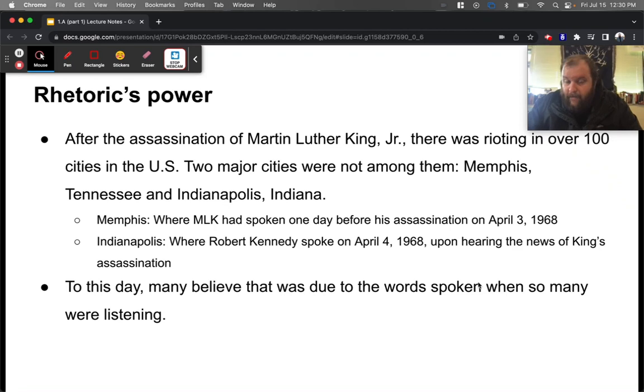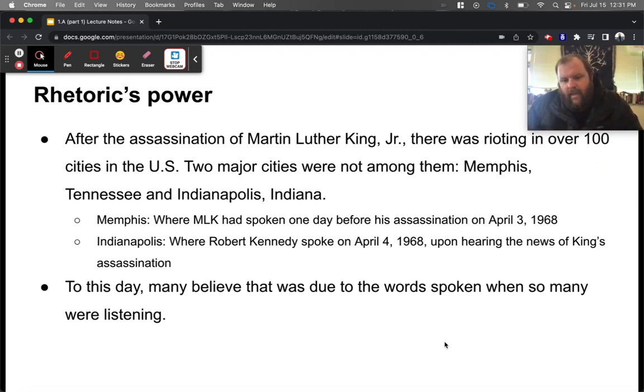To this day, many believe that this was due to the words spoken, and so many were listening, huge audiences. And what were these two men, Martin Luther King and Robert Kennedy, speaking about? Nonviolence, equality, justice, brotherhood, sisterhood, just caring for other people.